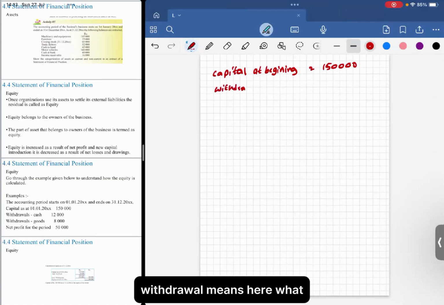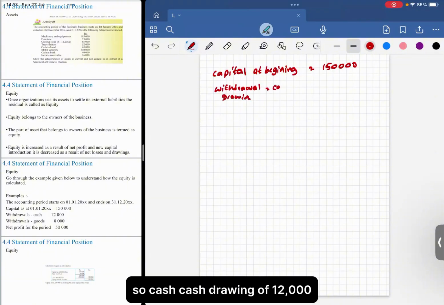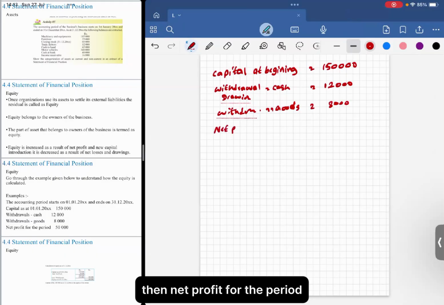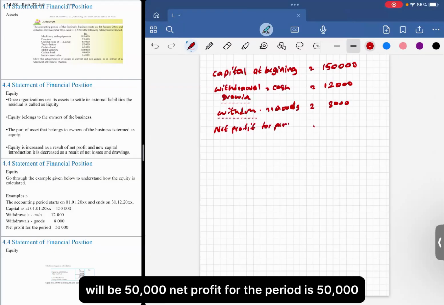Withdrawal here means drawings: a cash drawing of 12,000 and withdrawal of goods worth 8,000. Net profit for the period is 50,000.